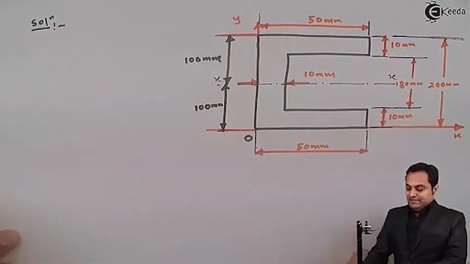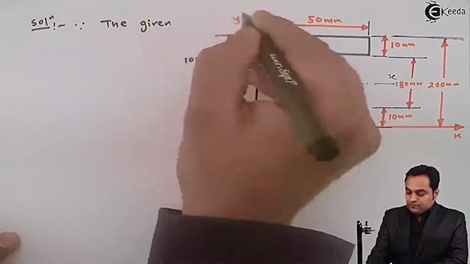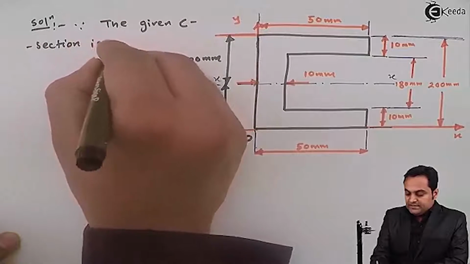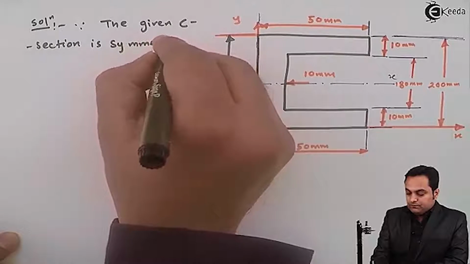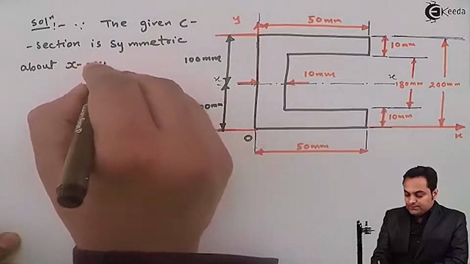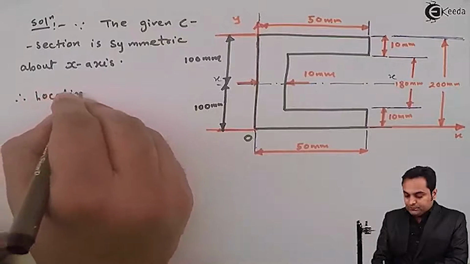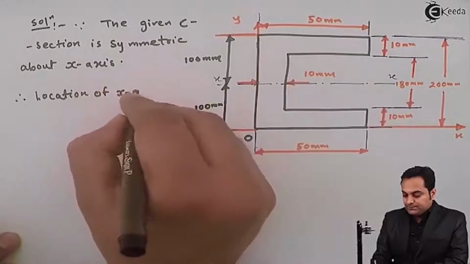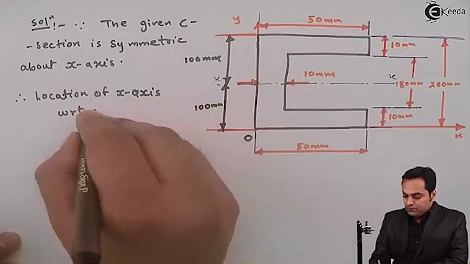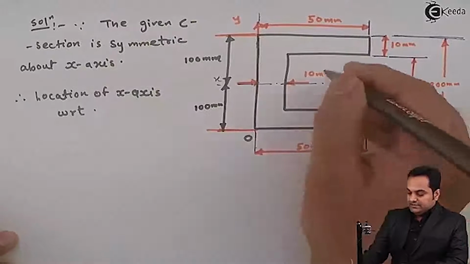Now I can say that since the given C section is symmetric about x-axis, therefore the location of x-axis, we are finding it with respect to the x-axis here.